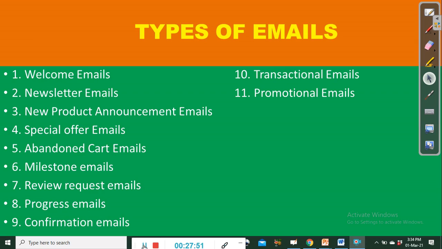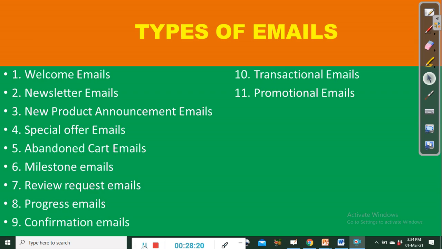Now, the next is number 9, which is the confirmation email. Email confirmations are a type of email marketing, and they are used for different purposes. For instance, if someone has subscribed, then the person needs a subscription confirmation.